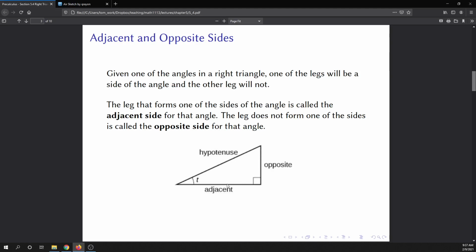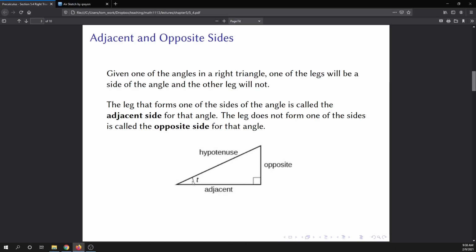We call the leg that forms the angle the adjacent side; it's the leg that's touching the angle. The other leg, the one that doesn't form the angle, is not one of the two rays that form the angle, and we call that the opposite side.